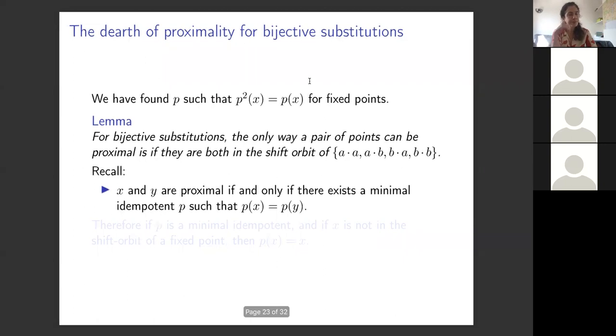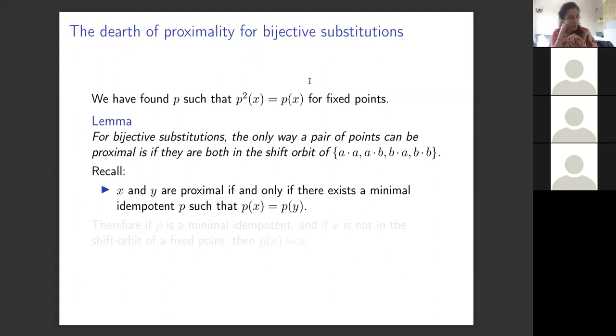So this is telling me, and then we had another fact that I put on earlier, this general theory, that X and Y are proximal if and only if there exists a minimal idempotent P such that P of X equals P of Y, okay?